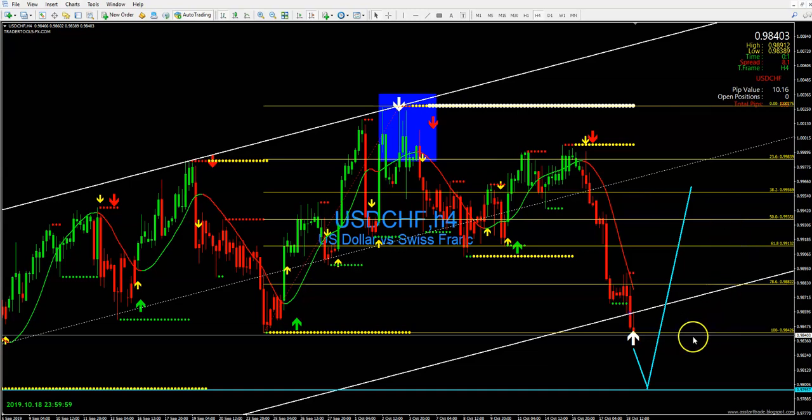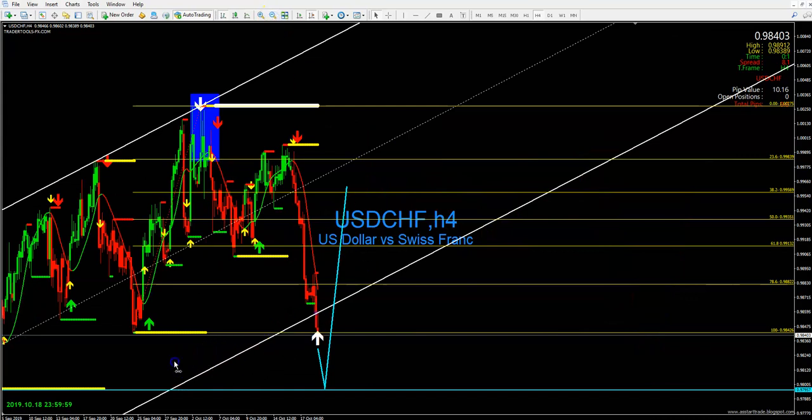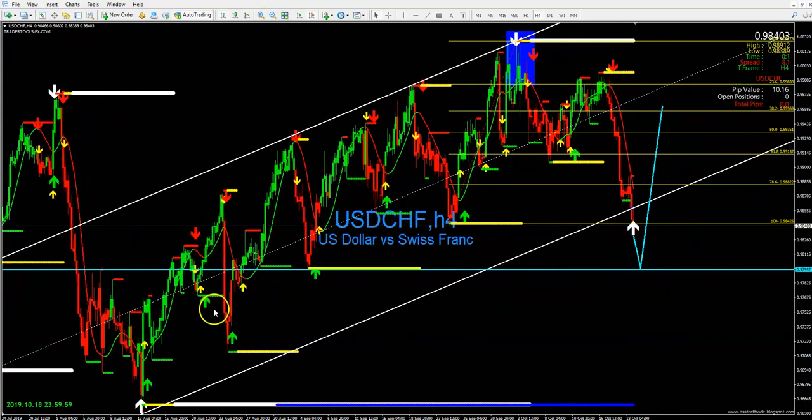All right, so for this coming week, based on what I'm seeing here, the market is gonna continue dropping a few pips below. Why I say that? Because I do see a strong area here that is gonna retest all this area here.